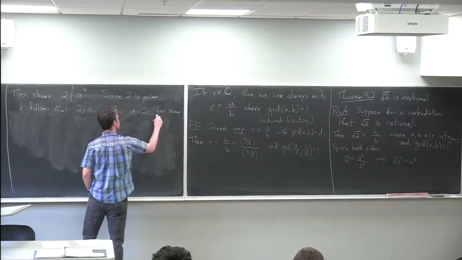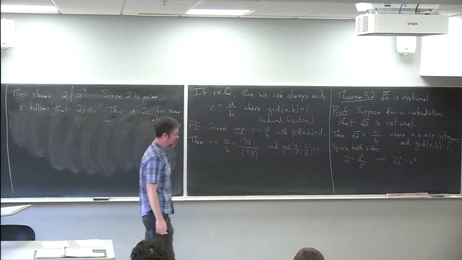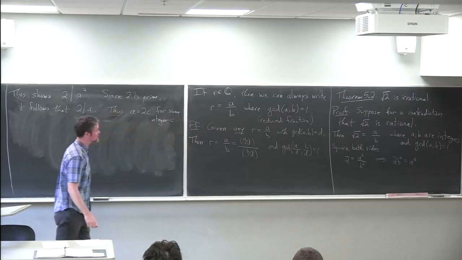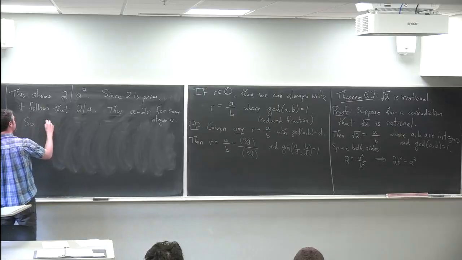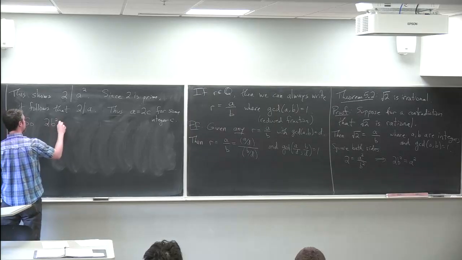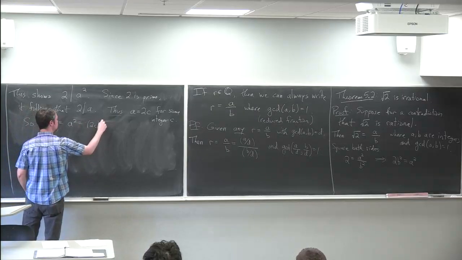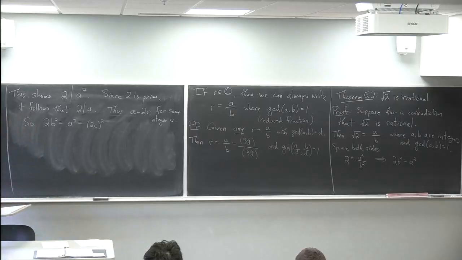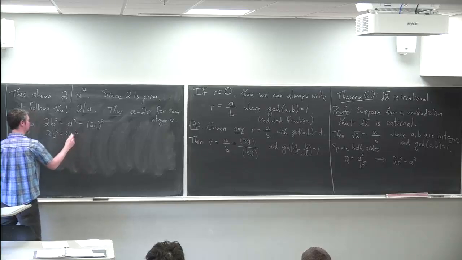All right, then what we can do with that is put it back into our equation with a and b. So what we have is that 2b squared is a squared, and we just said a is 2c. So a squared is 2c quantity squared, that's 4c squared. So you have 2b squared is 4c squared.